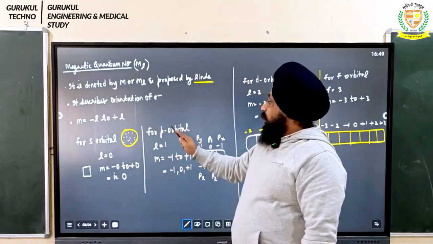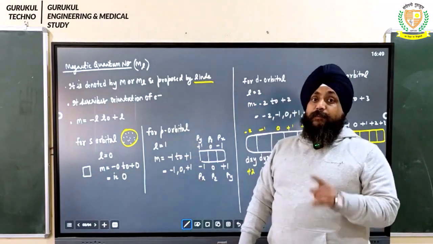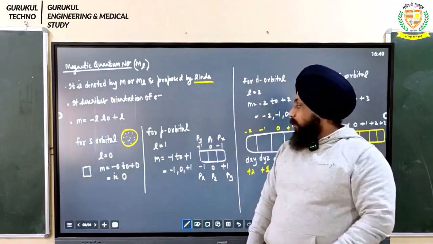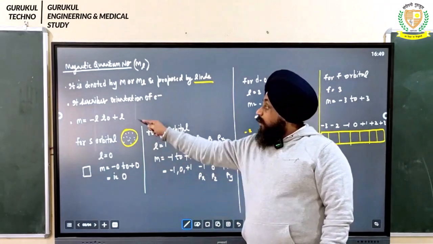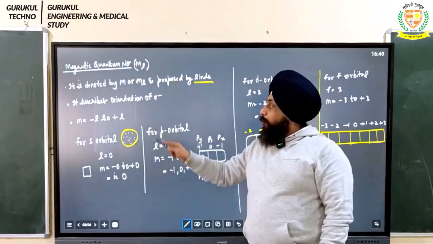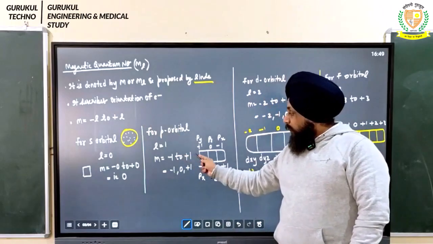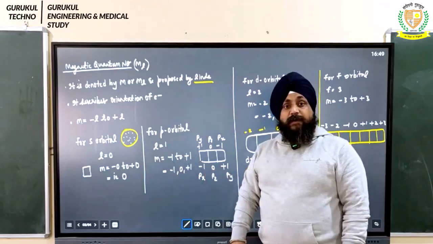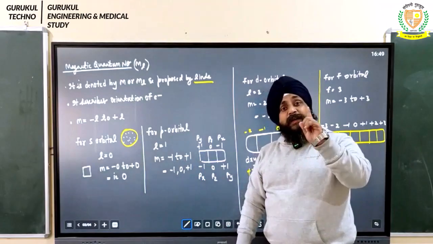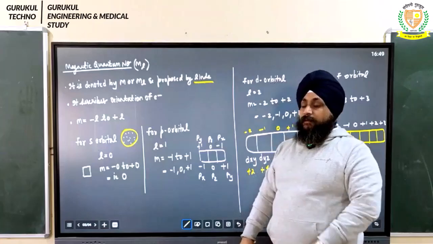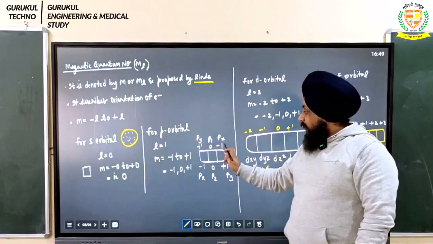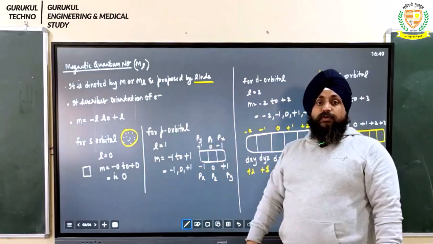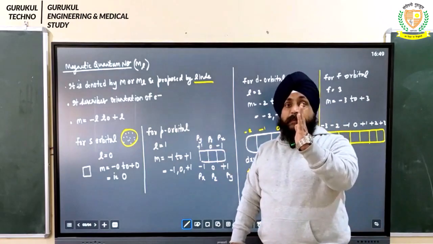Now we are going to talk about the p orbital. For the p orbital, l is 1, so the m value will be minus 1 to plus 1. When I say minus 1 to plus 1, it will be minus 1, 0 and then plus 1. So 0 is going to be pz.